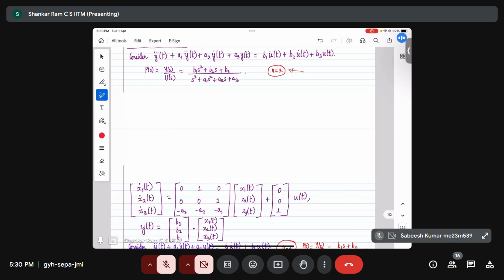You need to write this third order state space representation where the state matrix is written in this way. So how is the state matrix written? We write 1 in the first super diagonal term. Super diagonal means the term immediately above the main diagonal.